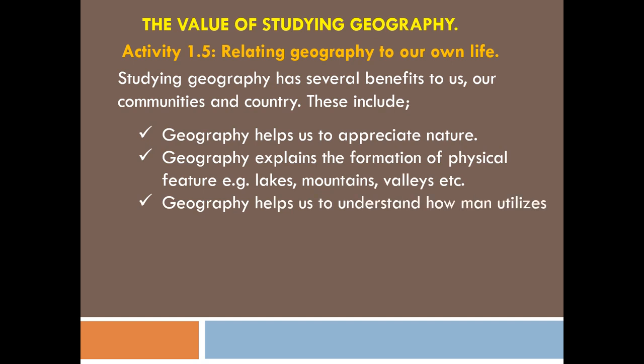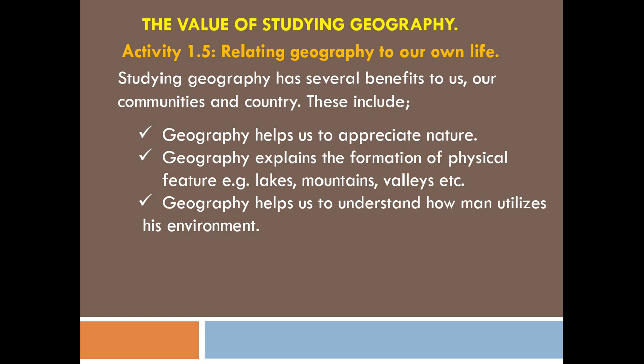Three, geography helps us to understand how man utilizes his environment. From the photographs you've seen, where there are rocks, how does man benefit from the rocks? Where there is land and relatively flat areas, how does man utilize that? Where there are forests, how does man utilize the forests? Where there are water bodies like lakes, we've seen so many photographs.